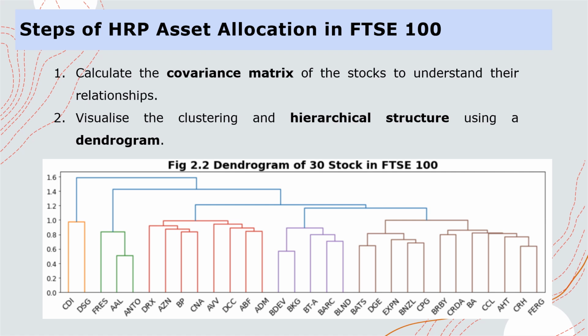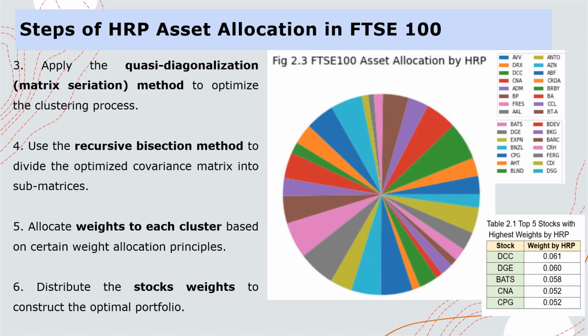Firstly, I calculated the covariance matrix of these stocks and generated the dendrogram to visualize the clustering and hierarchical structures. The figure below presents the dendrogram of these stocks. I employed the quasi-diagonalization method and the recursive bisection method to optimize the correlation matrix. This process divided the optimized correlation matrix into different submatrices.